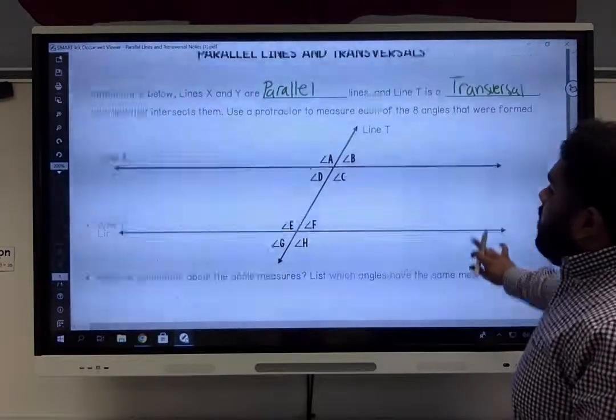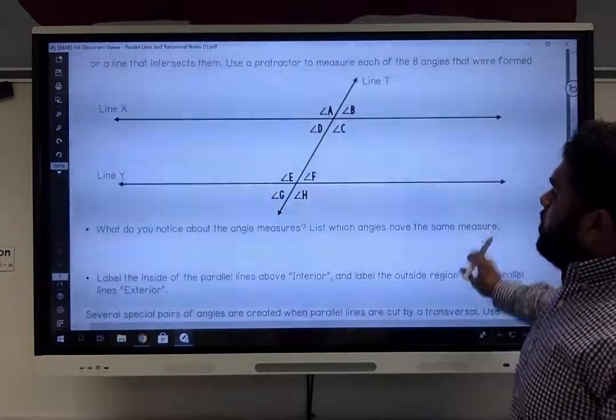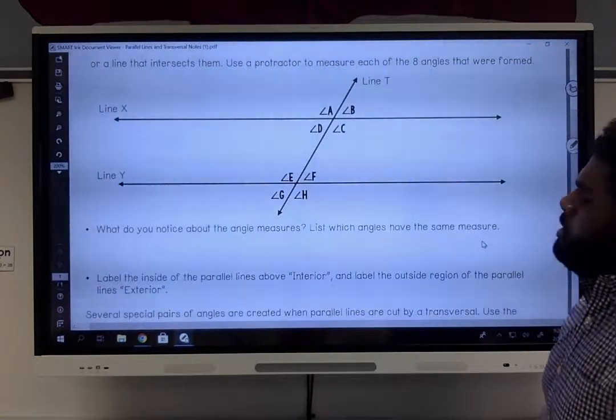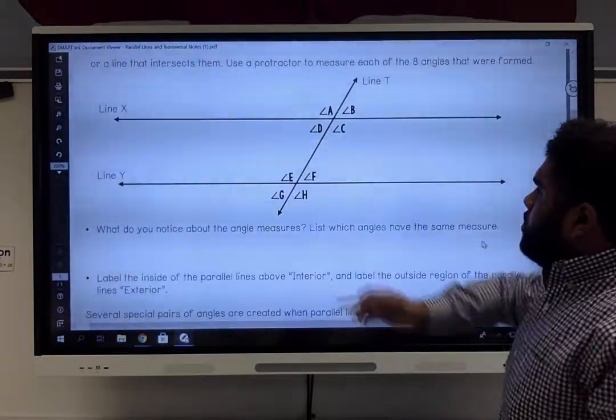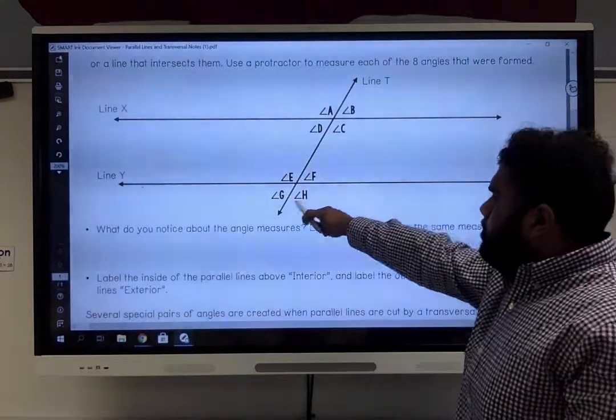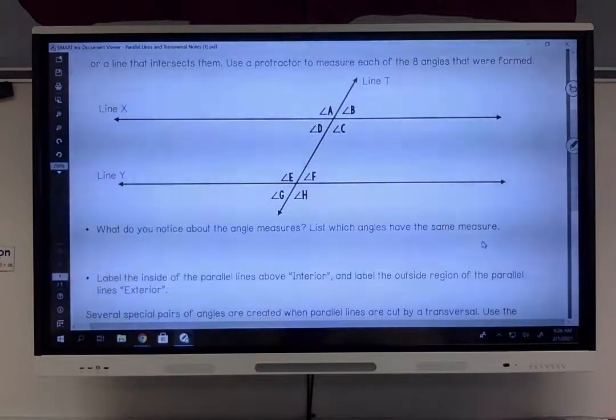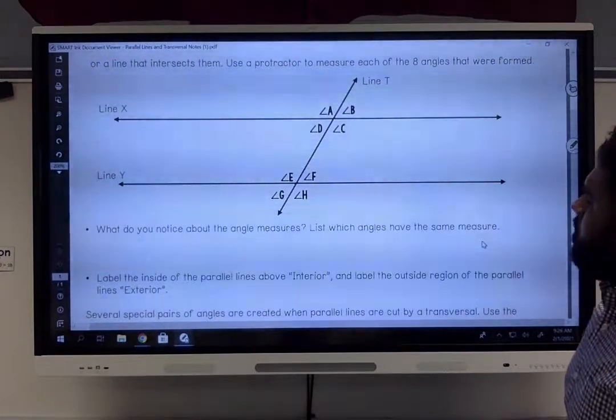Now, what do you notice about the angle measures? A list of which angles have the same measure. We don't see any angle measures. We just see A, B, C, D, E, F, G, and H. But a lot of these angles look similar.